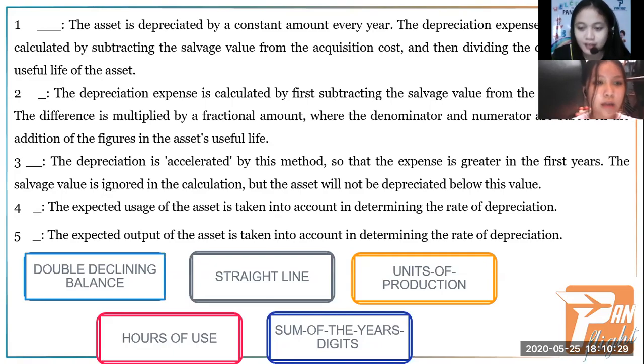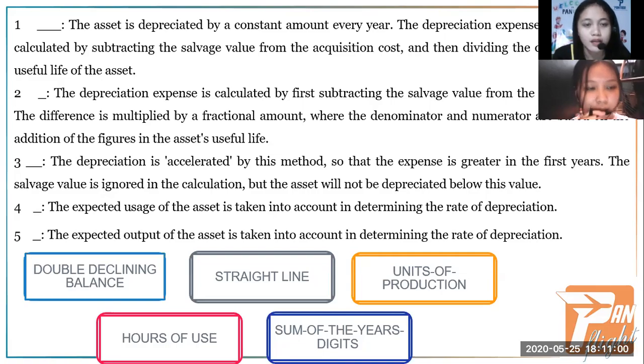I think the first one is straight line. The asset is depreciated by a constant amount every year. The depreciation expense for each year is calculated by subtracting the salvage value from the acquisition cost and then dividing the difference by the useful life of the asset.